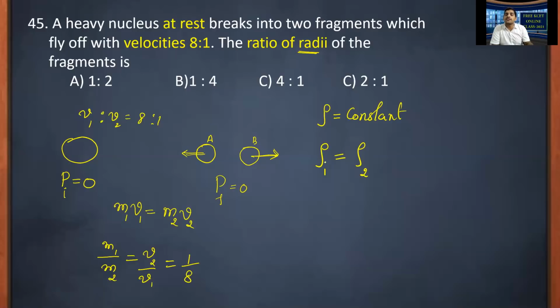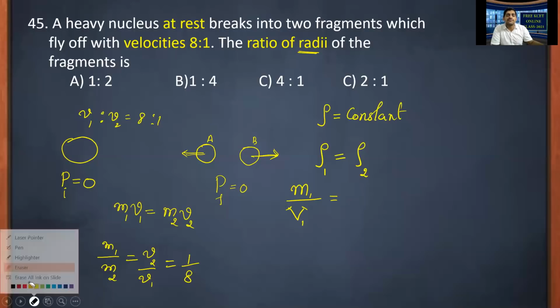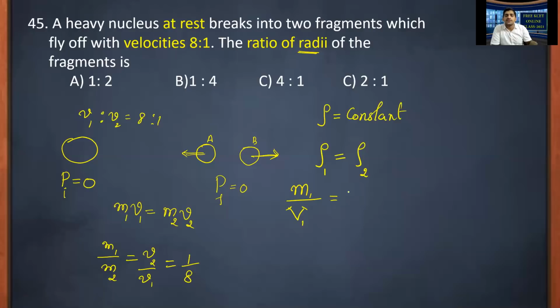What is the density formula? Density is mass per unit volume. So I can write m1 divided by V1, with capital V as volume, must be equal to the mass of the second fragment divided by the volume of the second fragment.